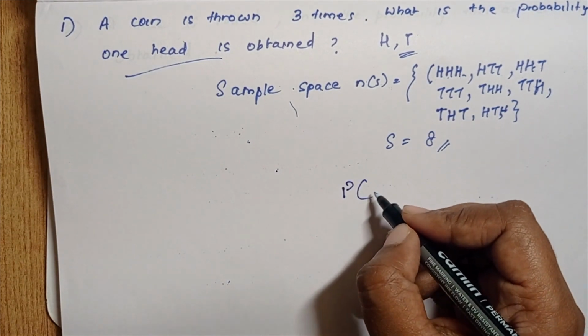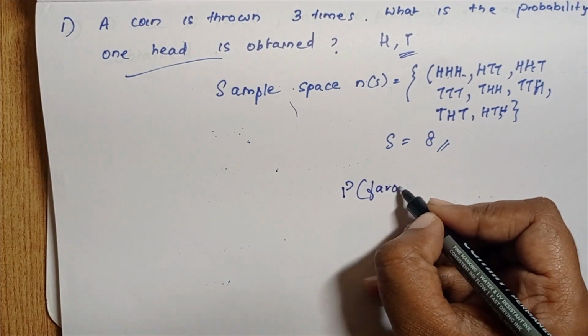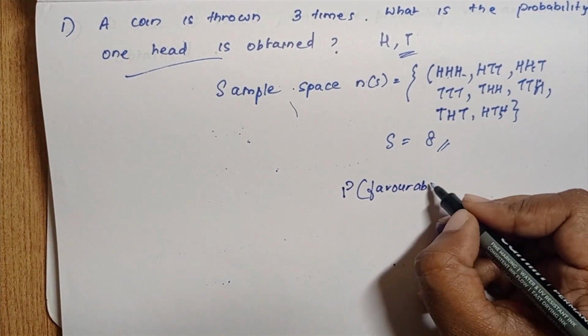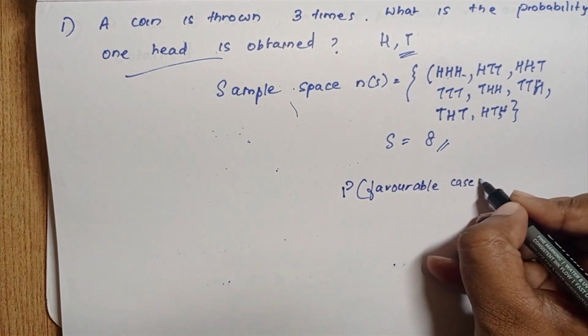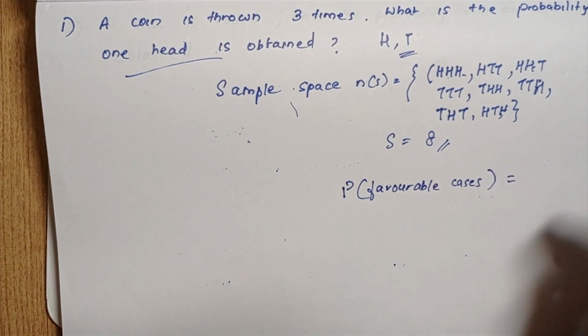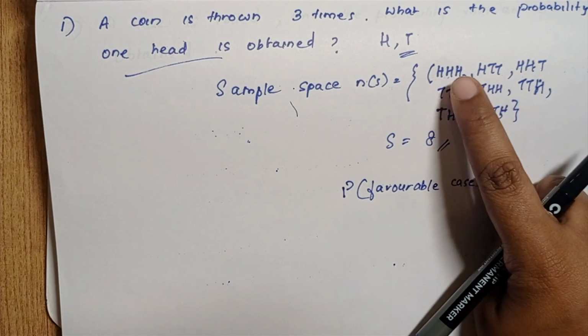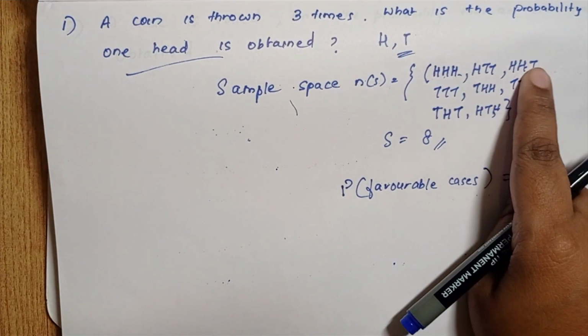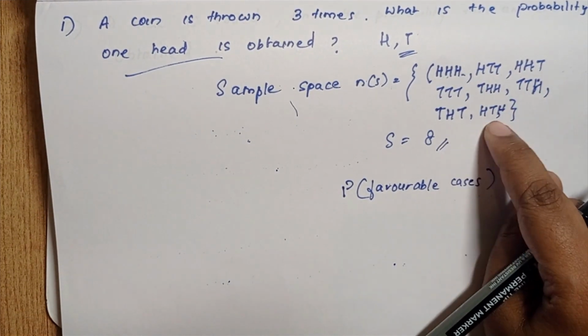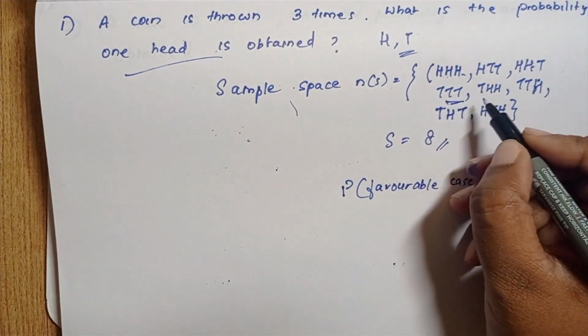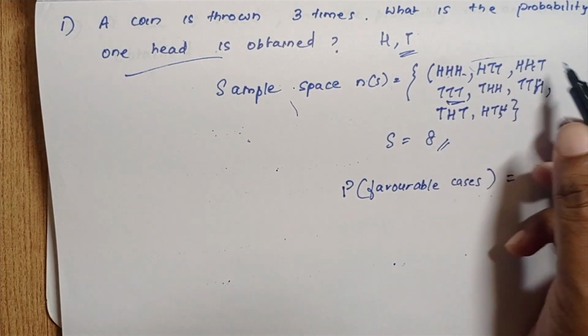I'm just going to write the probability of favorable cases. At least one head should be present. So here one head is there, one head, one head, one head, one head, one head, one head. So except for this, there are 7 other outcomes with heads.